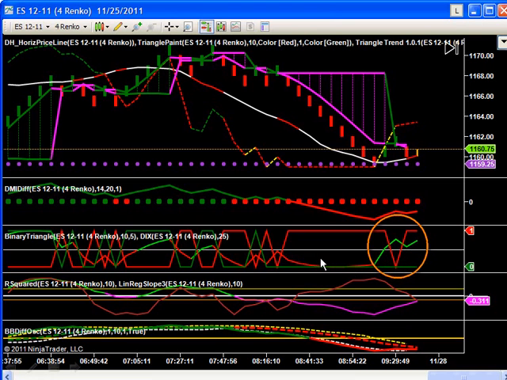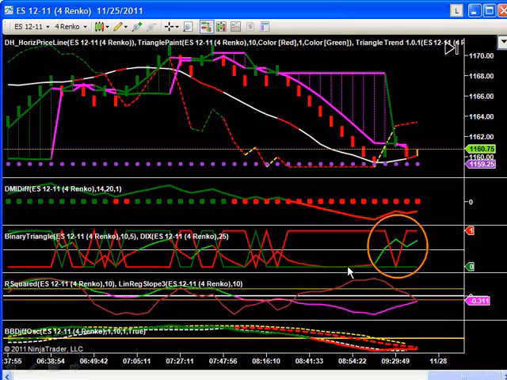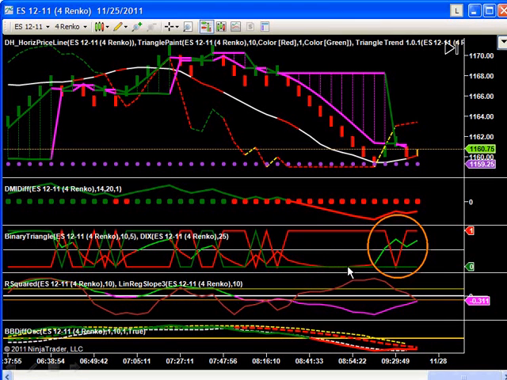Now, the DIX, as I said, was introduced by Steve Nison. The version that I've seen available for NinjaTrader doesn't have a zero line and isn't color coded. So I color coded the DIX and put a zero line in, and that's a complementary indicator that you will receive if you purchase the Triangle Trend package of indicators.